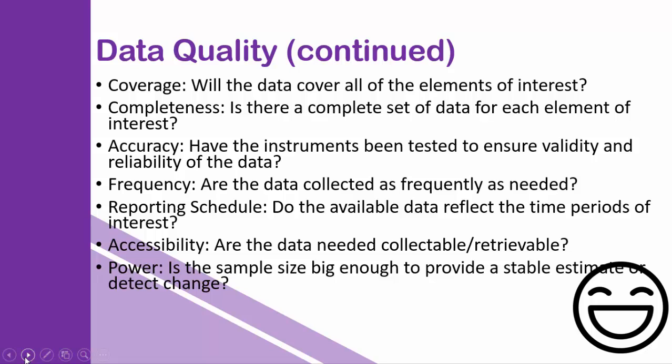Frequency of data collection should be according to the prescribed plan. We shouldn't be skipping the plan. When it's required to collect data, do it according to plan. Report on time, report according to the schedule. All these help in making sure that the data is of the required standard.